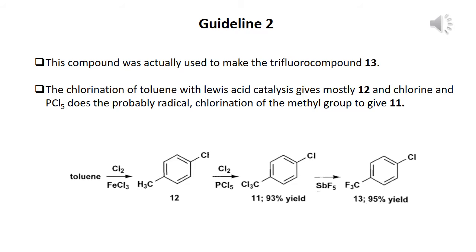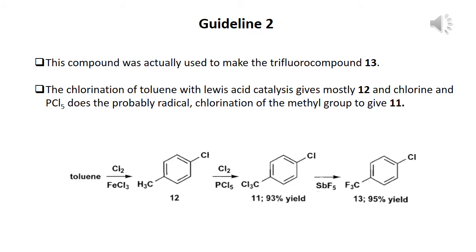So the chlorination of toluene with Lewis acid will give 12, and the chlorine and PCl5 does the probably radical chlorination of the methyl group to give 11, and then the fluorination will be done to produce 13. Now you can see the sequence down.